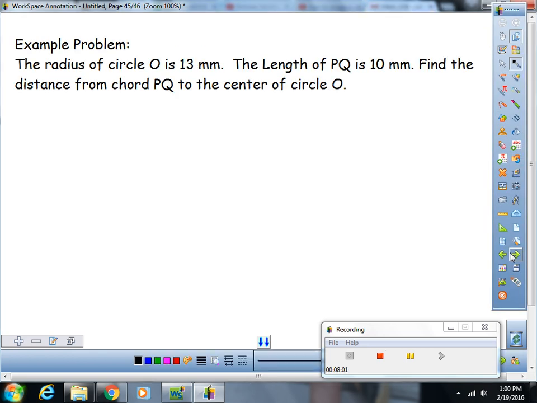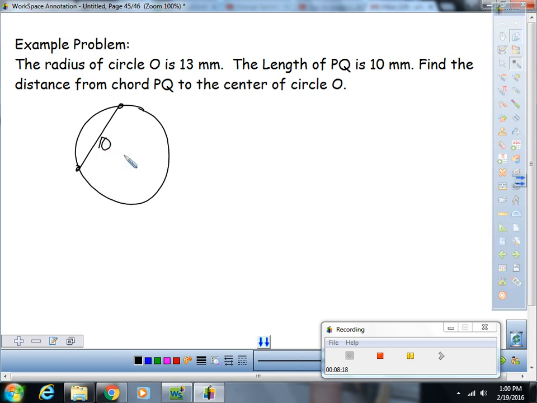Speaking of that, let's do one example problem, and then this video will be over. So we've got a circle with a radius of 13, and then you've got a chord that's 10. I'm going to strategically draw this radius because I think that's going to matter.